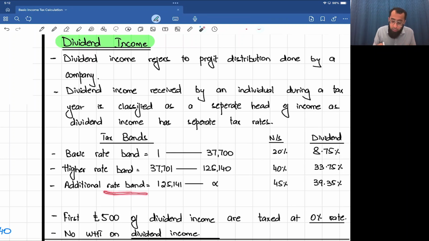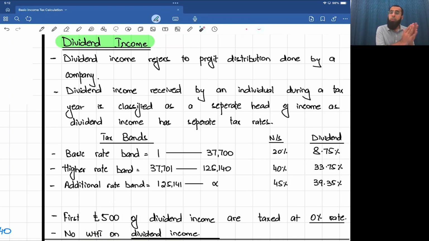Then in the additional rate band, above 125,141, non-saving income is taxed at 45%, whereas dividend income is taxed at 39.35%. These rates will be available in the exam, so don't worry about learning them.